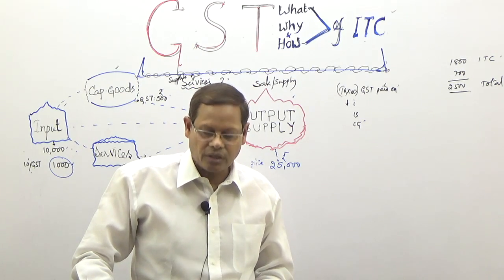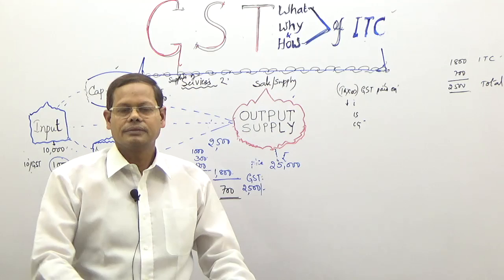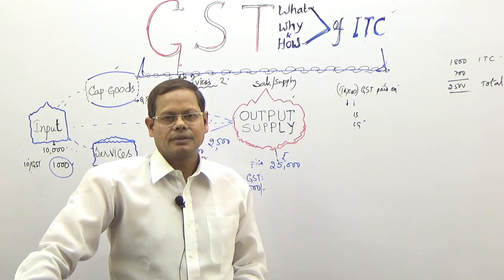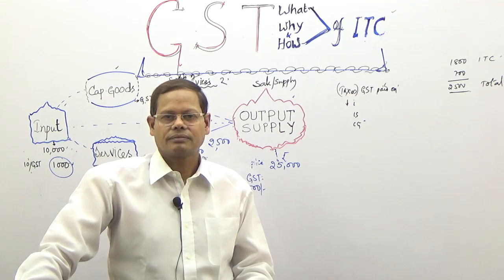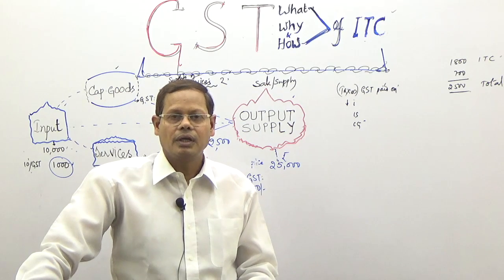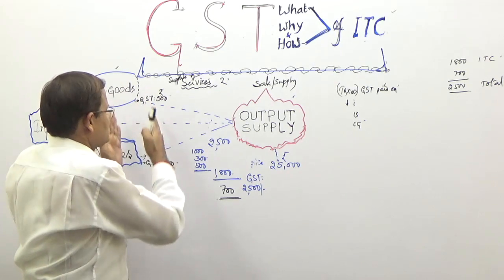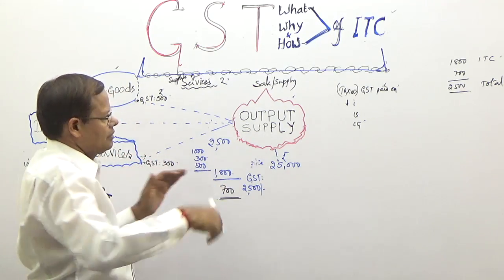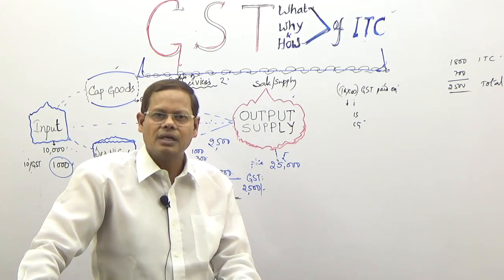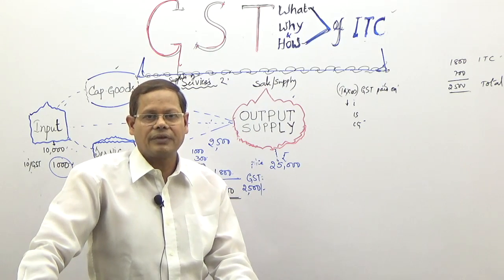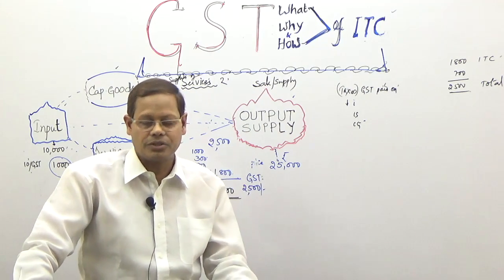So that was recognized and realized by the specialists, and they found, see, already there is some tax and it should not be there repeatedly. So to remove the cascading effect, value added taxation system has been introduced.